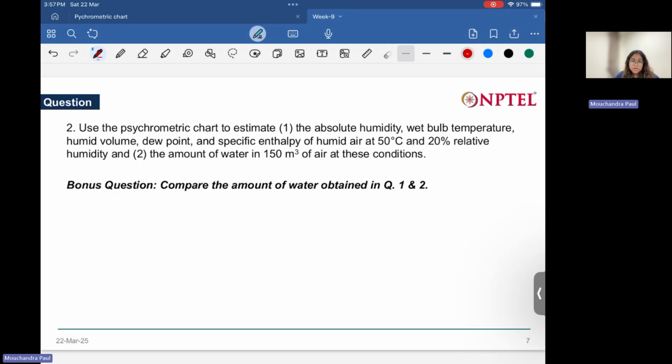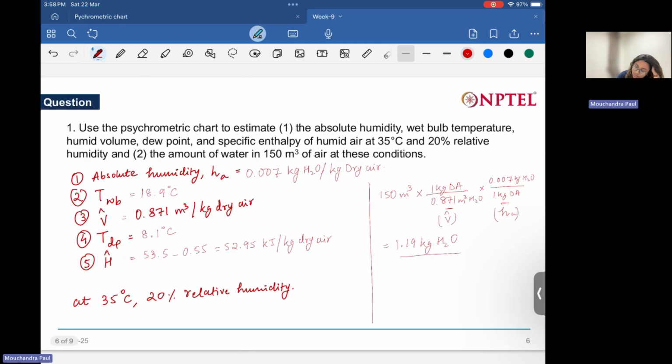We have to compare the amount of water obtained in part A, in question 1 and question 2. So here the condition is 50 degrees Celsius and 20% relative humidity. So I guess that at 50 degrees Celsius and same relative humidity, the amount of water will be less in comparison to 35 degrees Celsius. Let's try to see numerically and see whether I'm correct or wrong.